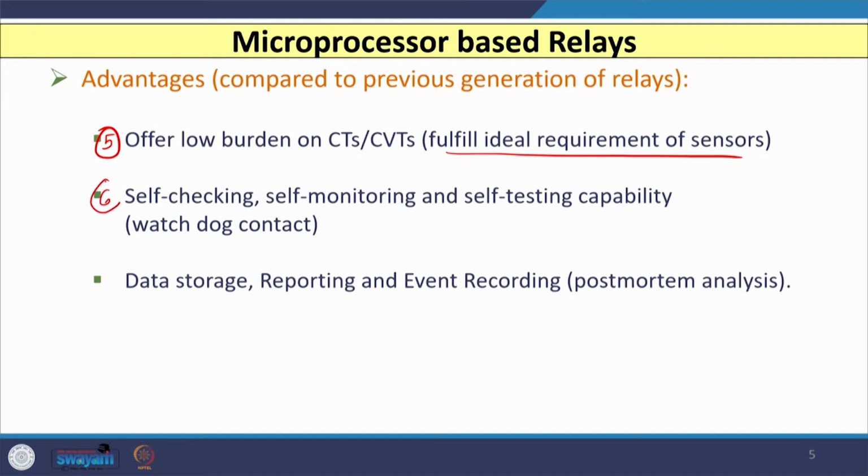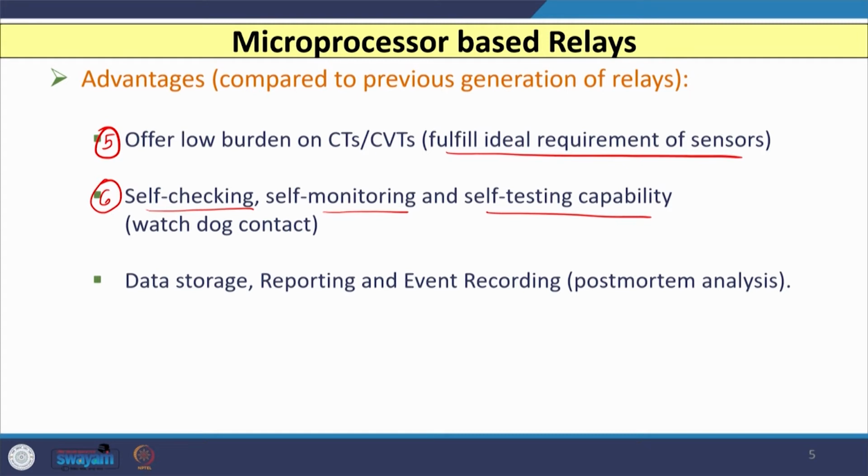The sixth advantage of this relay is a special feature known as self checking, self monitoring and self testing capability. So, if something goes wrong inside the relay, then this relay is capable of checking itself, and that is known as the self checking feature.